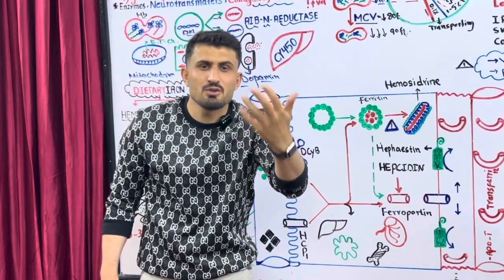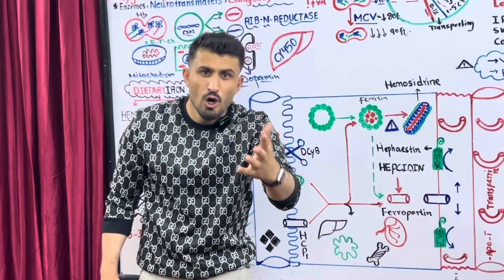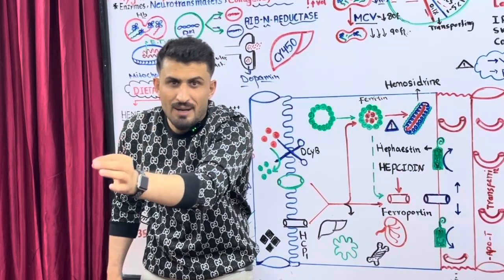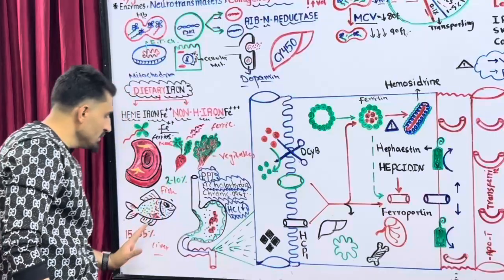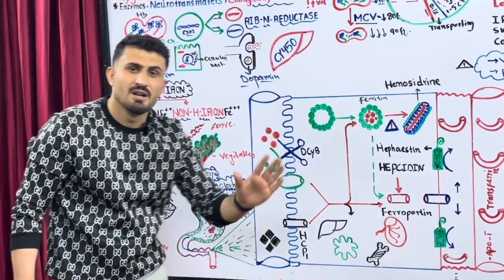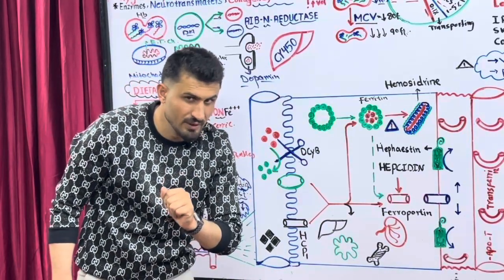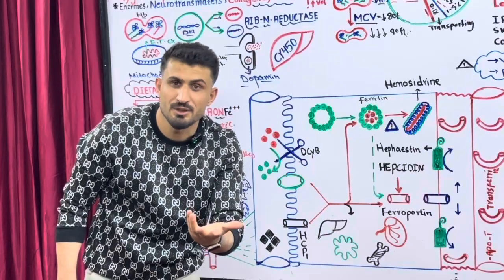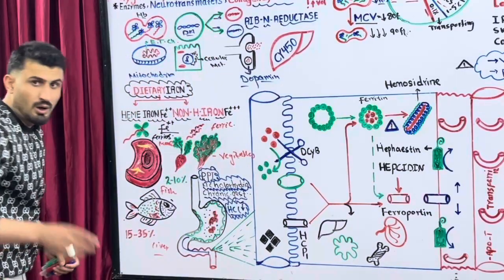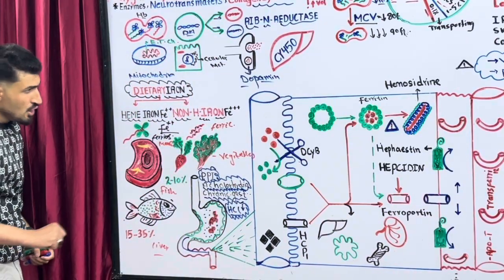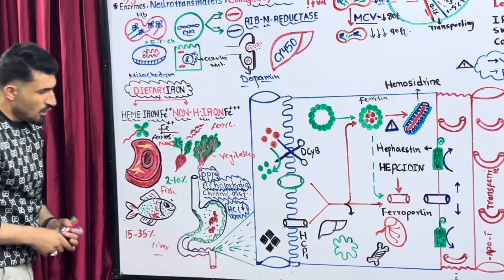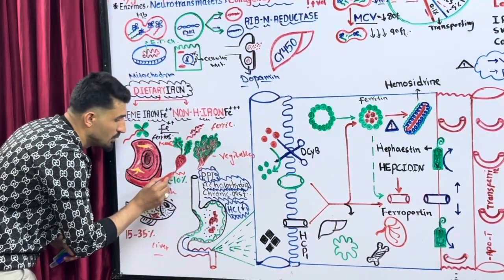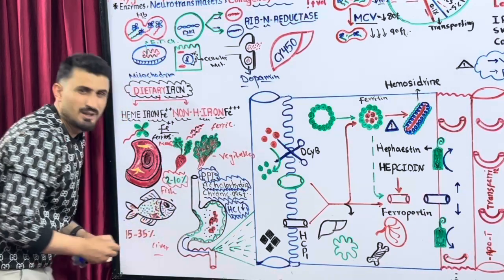For example, when you take 100 milligrams of iron, only 15 to 30% of that will be absorbed. When you take non-heme type iron, only 2 up to 10% will be absorbed.